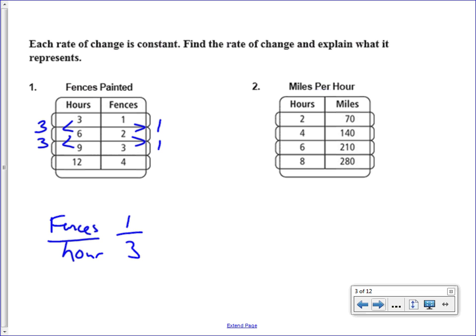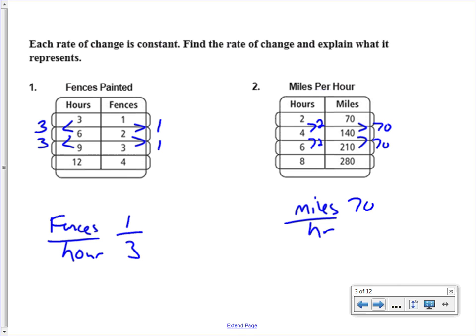So this one, same idea. We're going to be looking at miles per hour. How many miles in 1 hour? So here we went 2 and 70, 4 and 140, and so on. So we know that we went up 70. Here we went up 2. Here we went up 70. Here we went up 2.